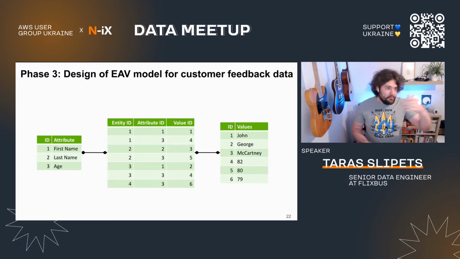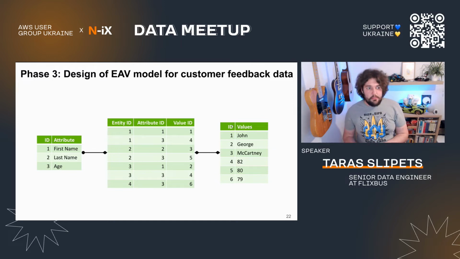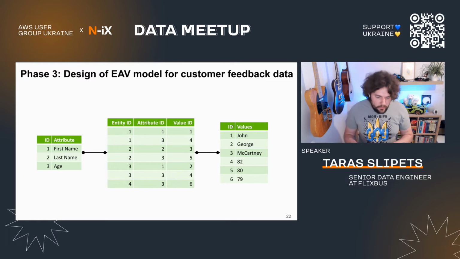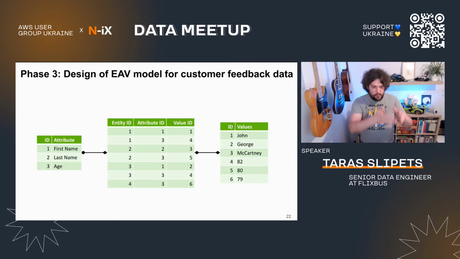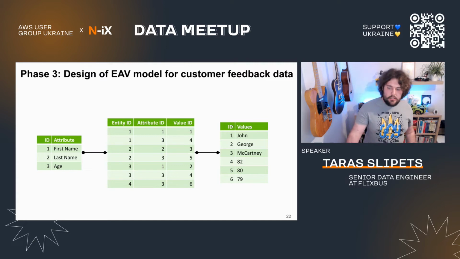Or if I take this example, what was the average age of the participants of the band? Or if I want to provide a sensitive data report for my compliance or legal department, I'm interested in sensitive data, like personal information, names, probably mailing addresses, phone numbers, credit cards, and so on.